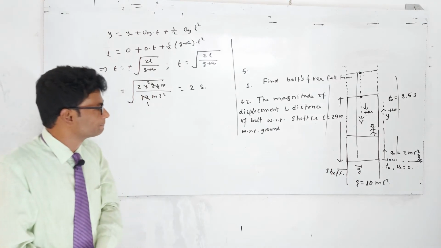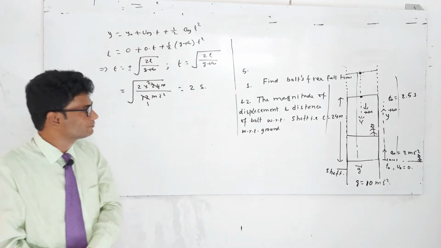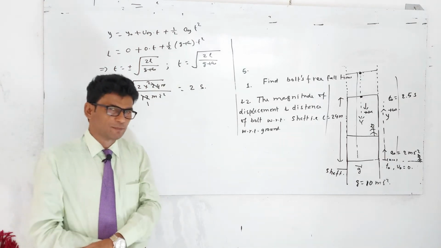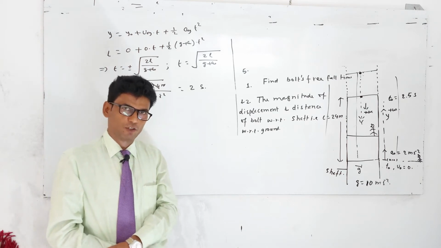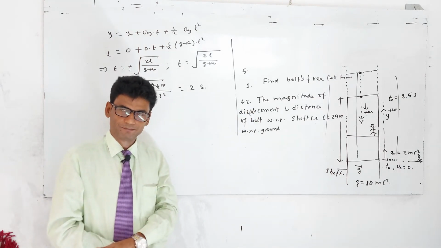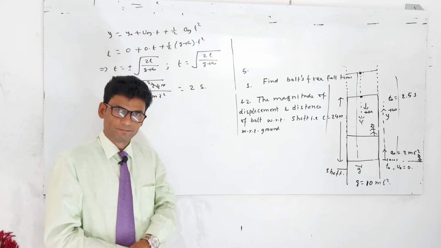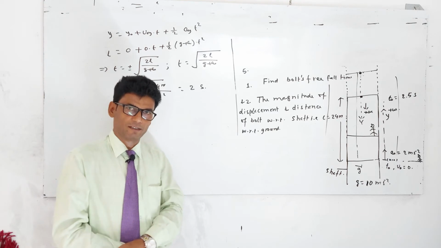What we have seen earlier is that just before detachment of the bolt, the velocity of the bolt and the velocity of the cabin are the same. We have calculated 5 meters per second upward.